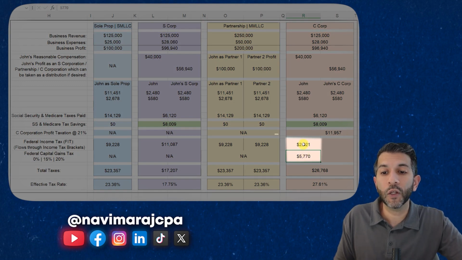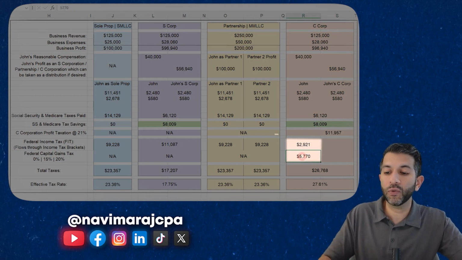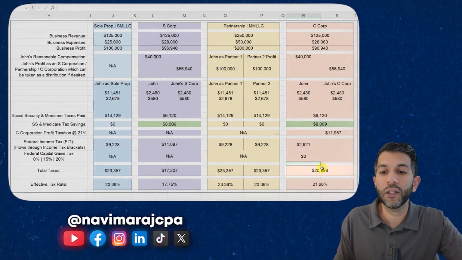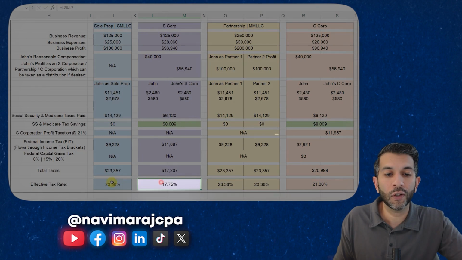And someone out there is going to say, well, Navi, what if I didn't take this $56,940 in the form of a distribution, and all I did was I kept that money in the business? How much tax would I pay? Well, you'd pay $20,998 with an effective tax rate of 21.66%, which is still higher than the S corporation, right?